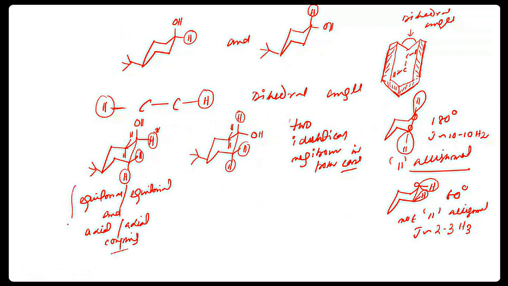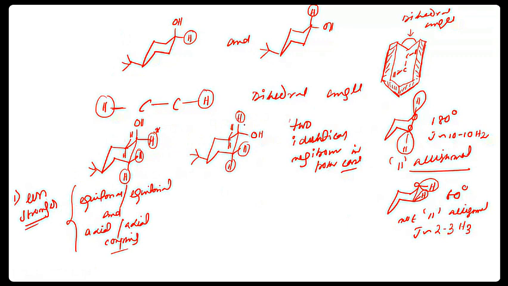From the dihedral values, we know that for equatorial it is quite less. So this coupling is less strong. One thing we found out, the coupling in this environment is less strong.